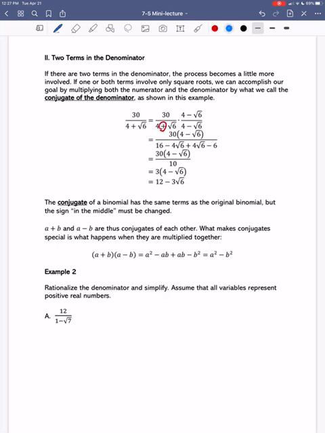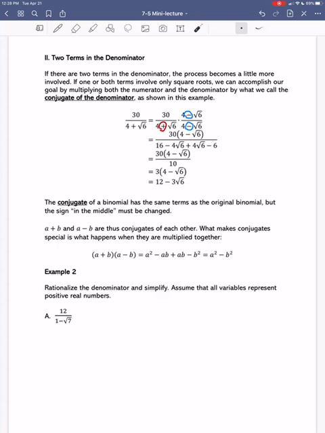And what I multiply then is 4 minus the square root of 6 in the top and the bottom. And so in the top, I've just got 30 times 4 minus the square root of 6. Now, I could distribute here, but I would suggest waiting. When you just have a single term in the numerator, it's usually best not distributing too quickly.